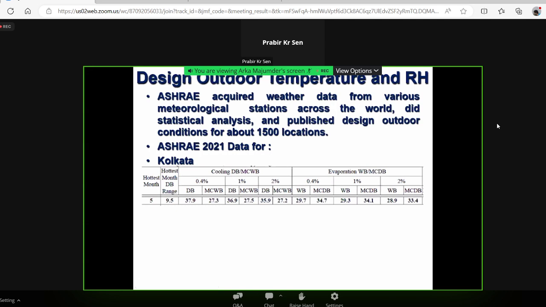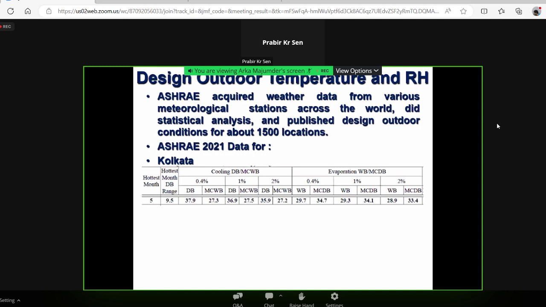And then they found that if we fix the 36.9 degree centigrade dry bulb temperature, when it occurred actually, what were the wet bulb temperatures during that time? So they have made a mean of that wet bulb temperature. That is 27.5. So 27.5 is the mean coincident wet bulb temperature.